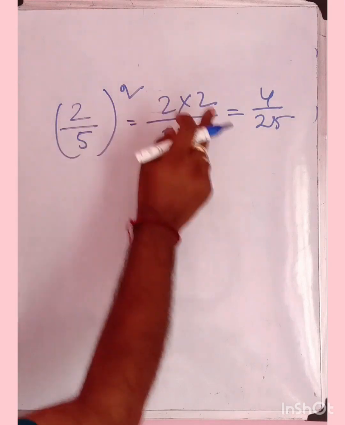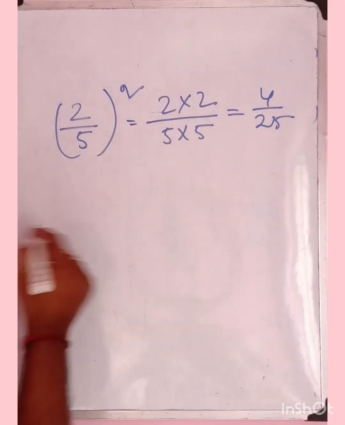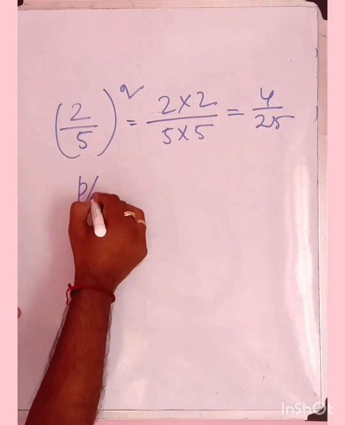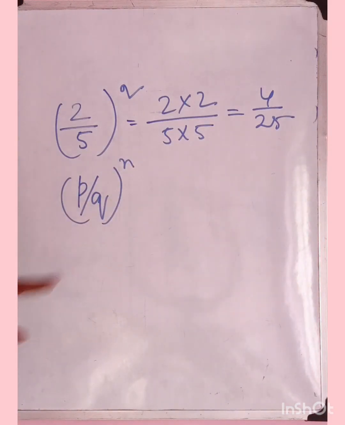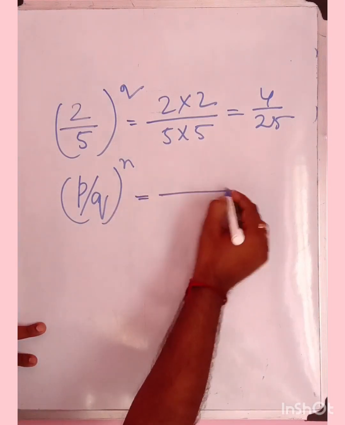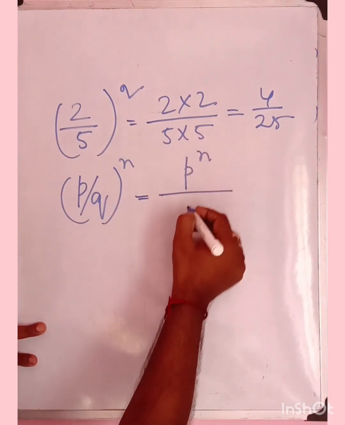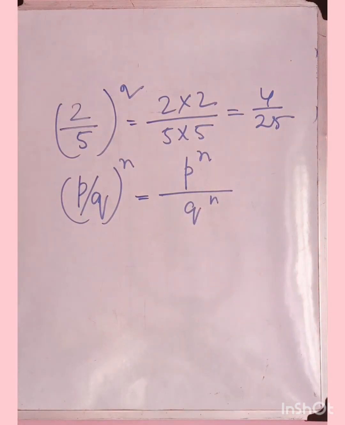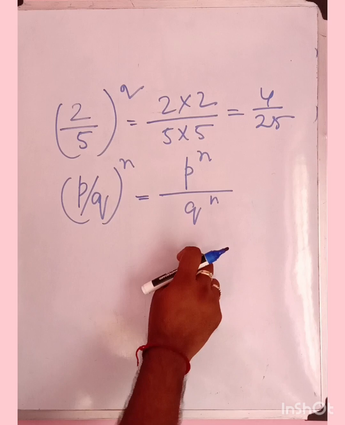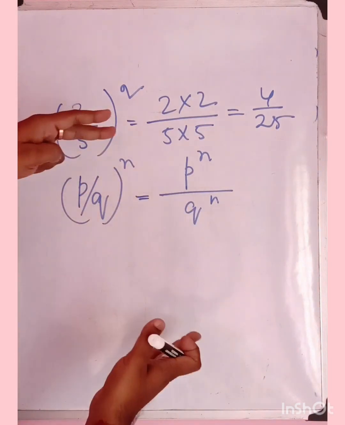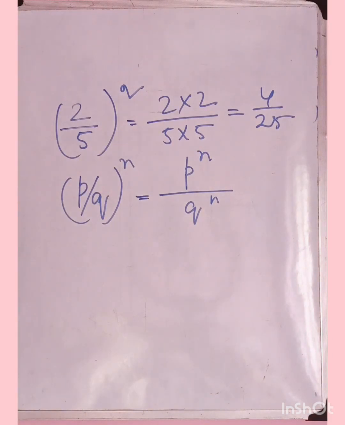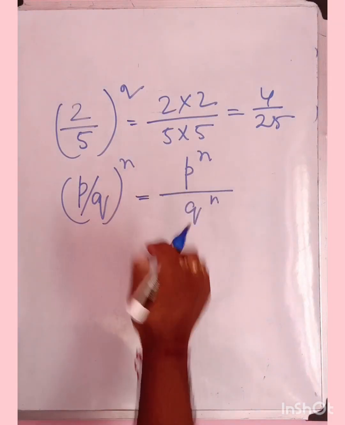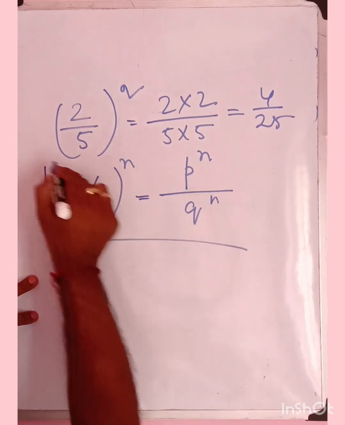An important observation is P by Q whole to the power n can easily be written as P to the power n by Q to the power n. Got it? The numerator and denominator are separated and the power is applied to both numerator and denominator. Clear? This is an important observation.